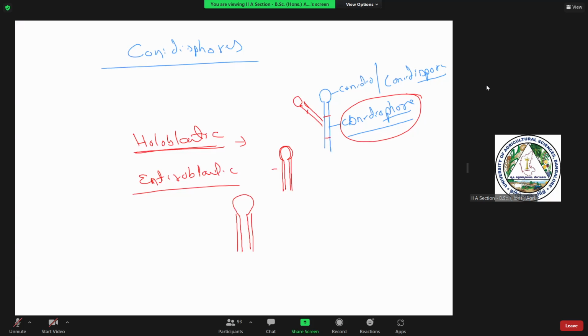This type is seen in Helminthosporium and also Aspergillus. The holoblastic example would be Cladosporium.